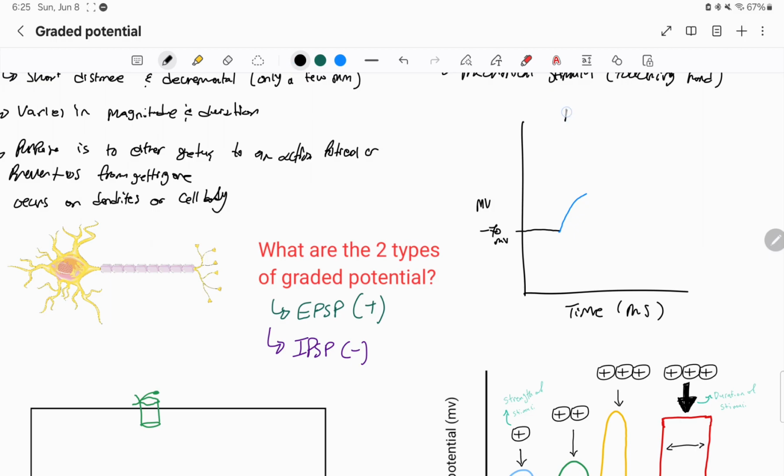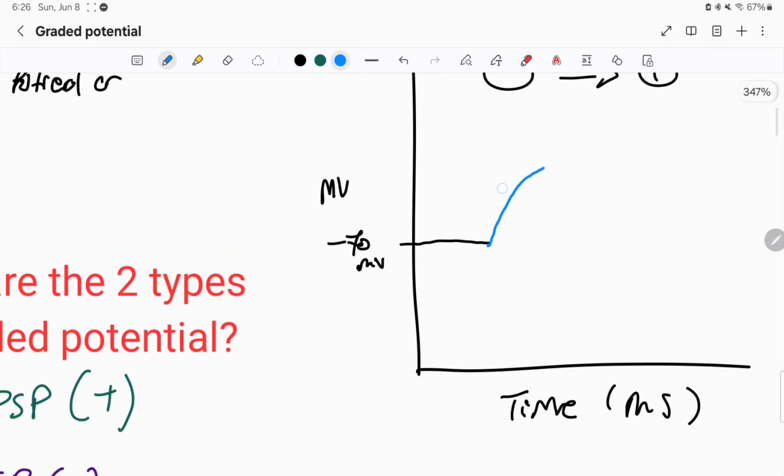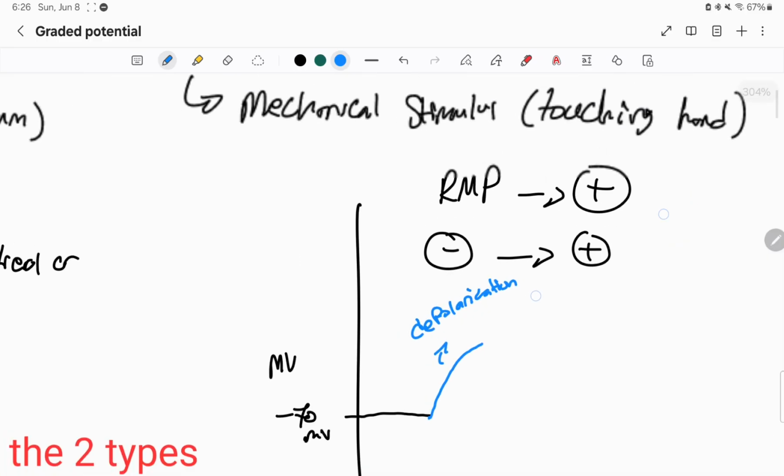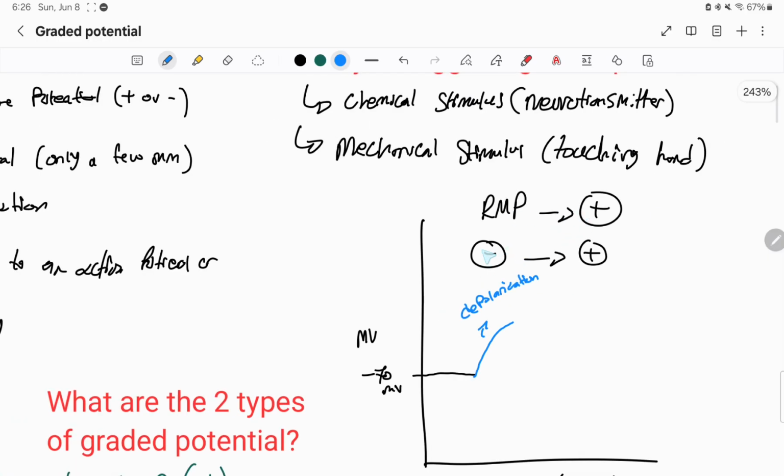When I take the resting membrane potential and make it more positive, going from a negative to a positive, I call that depolarization. So resting membrane potential going to positive is called depolarization. It's just a fancy word for saying I'm making the membrane more positive.